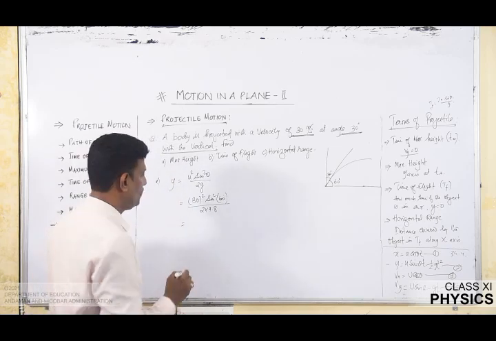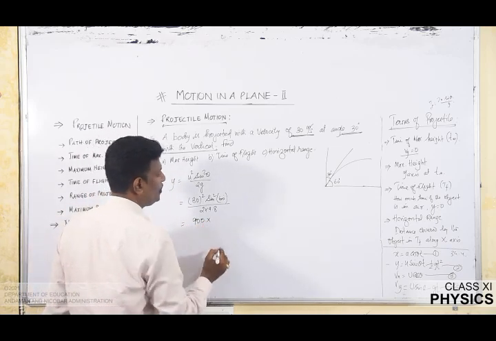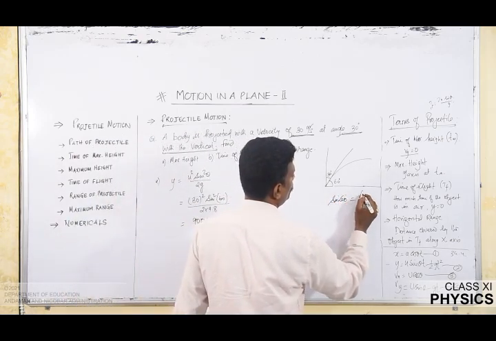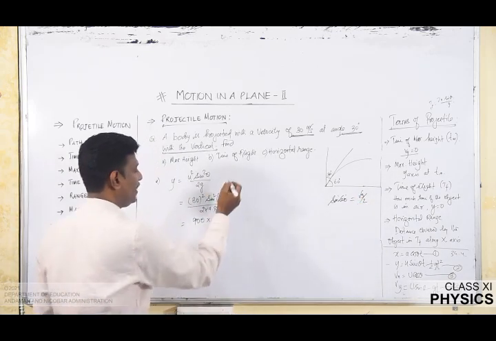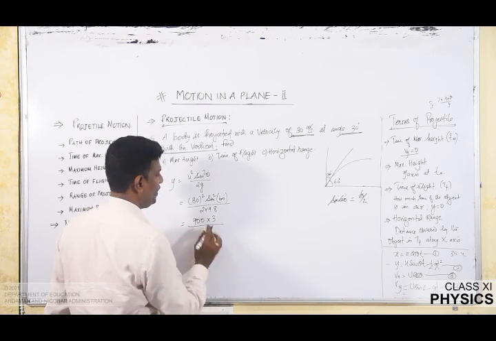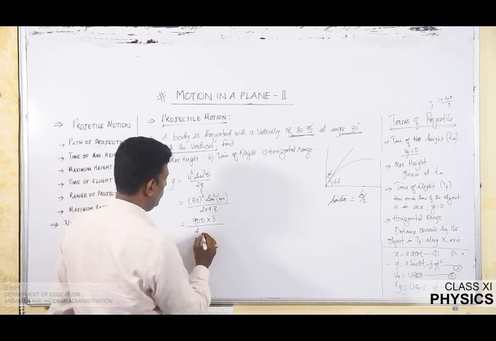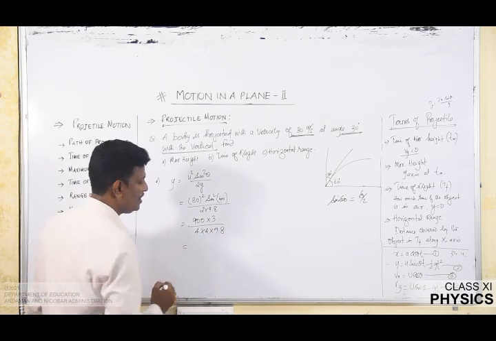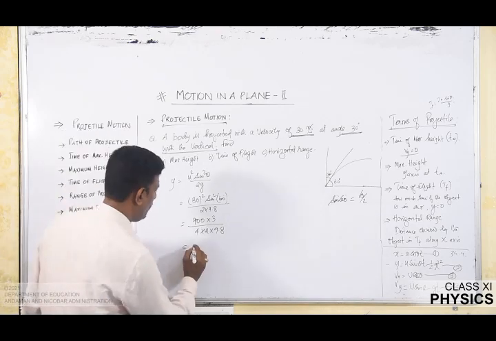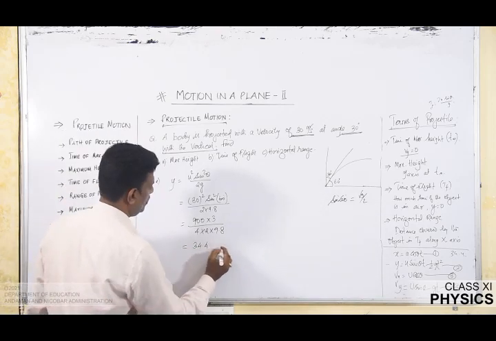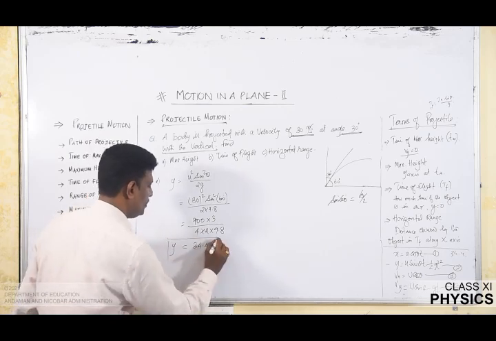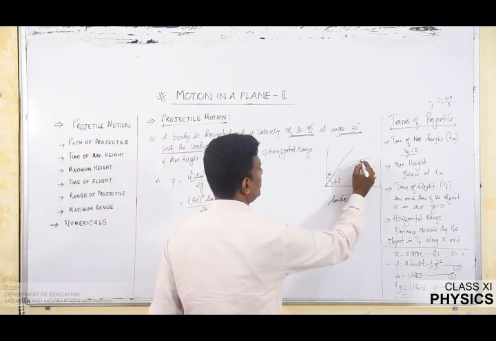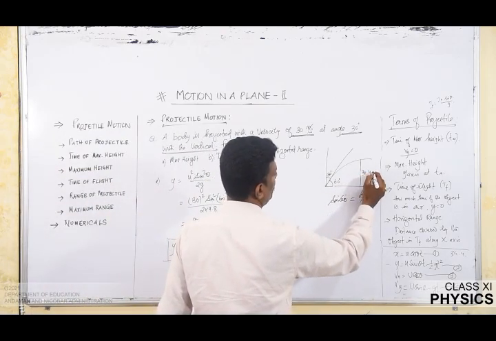Further simplifying this, 900 into sin 60 is root 3 by 2, so squaring the value, root 3 by 2 square is 3 by 4, into 2 into 9.8. So, simplifying this, we will be having 34.4 meter. So, y is equal to 34.4 meter, that is maximum height attained by the object is 34.4 meter.